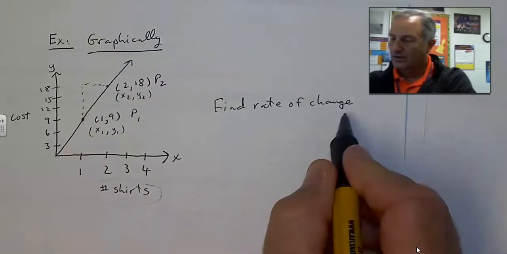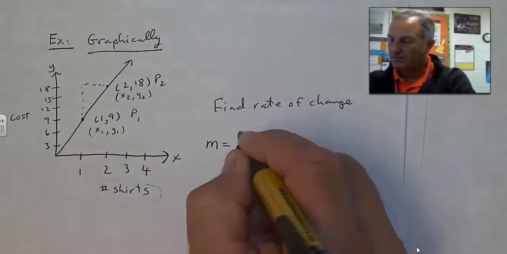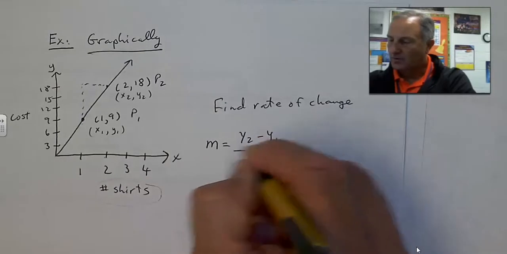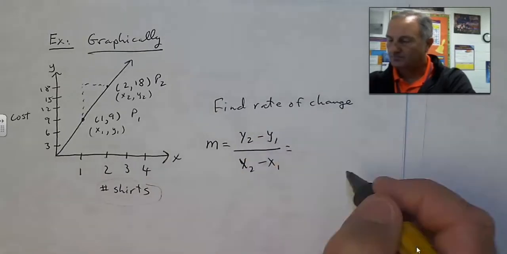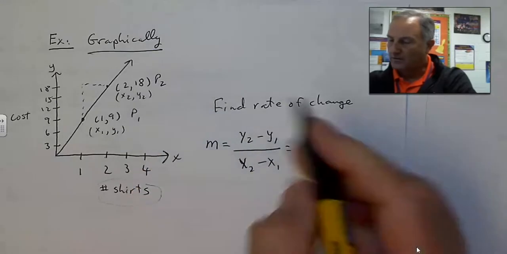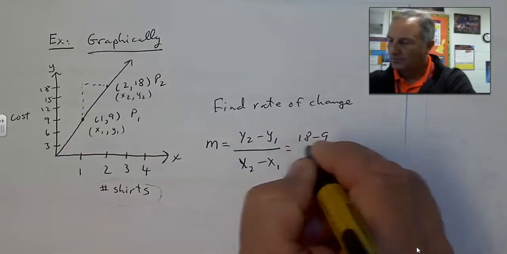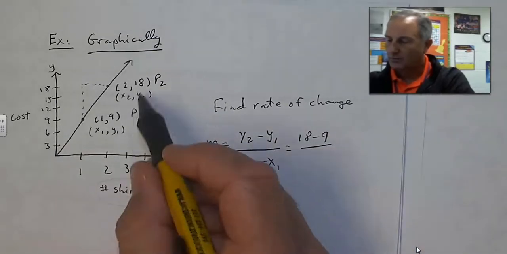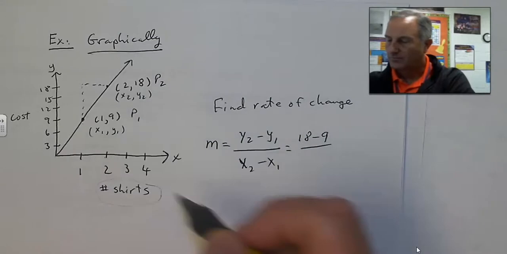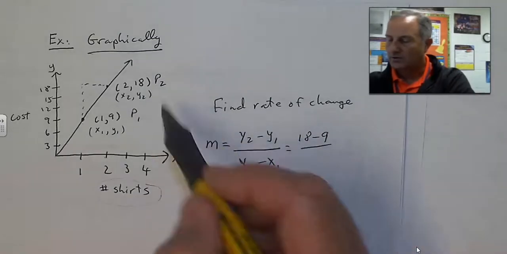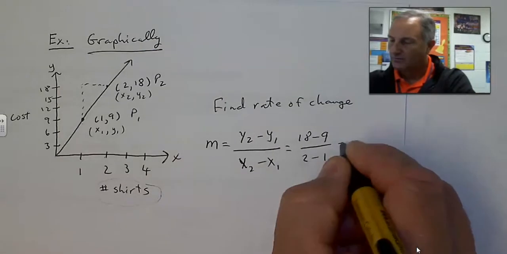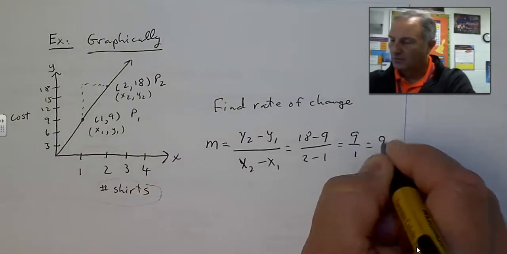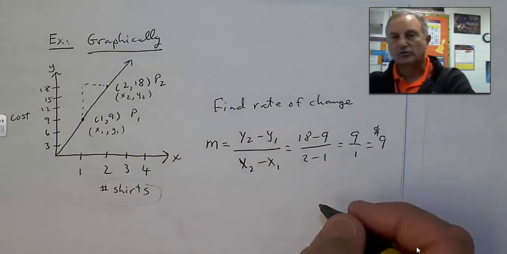So our rate of change is just our slope m, which is y2 minus y1 over x2 minus x1. 18 minus 9, just pulling the numbers right from here. Okay, and again, it doesn't matter which way you did it. You're still okay. 2 minus 1. We get 9 over 1, or $9 per shirt.